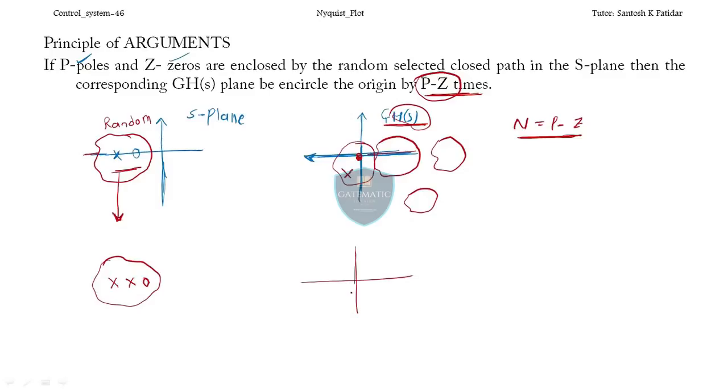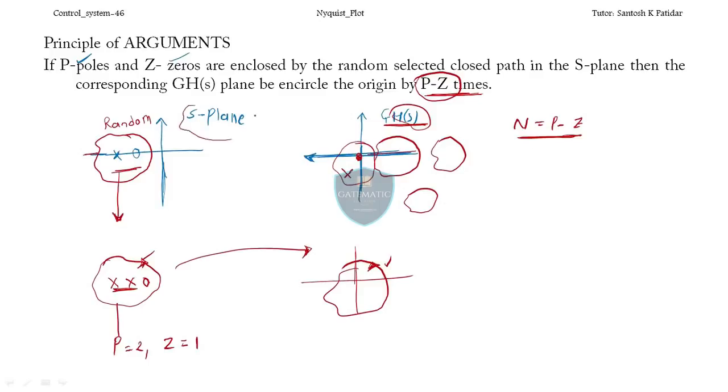In this plane, you can see the poles are 2 and zeros are 1. Now if you map this diagram into the GH(S) plane, it will encircle the origin one time only. Later I'll discuss the direction and all. Just understand the encirclement first.